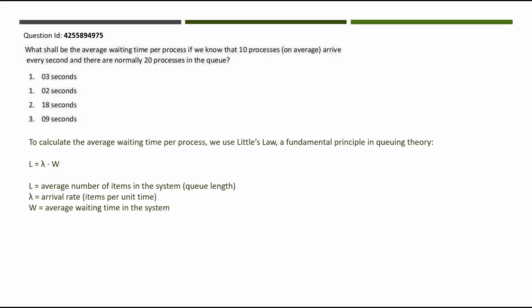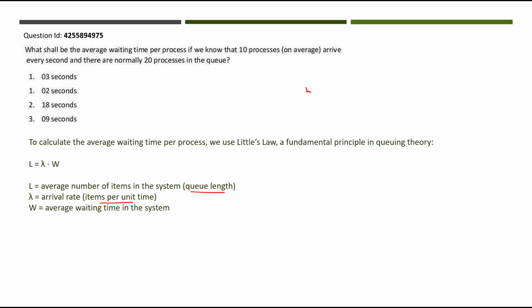To calculate the average waiting time per process, we use Little's law, a fundamental principle in queuing theory. L is equal to lambda into W. L will be the average number of items in the system, that is the queue length. Lambda will be the arrival rate, items per unit time, and W will be the average waiting time in the system. So we have to find W.